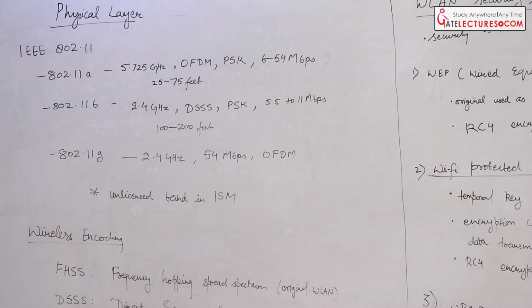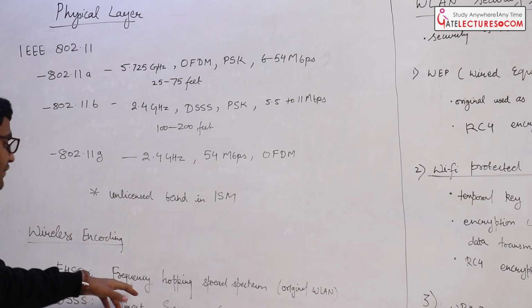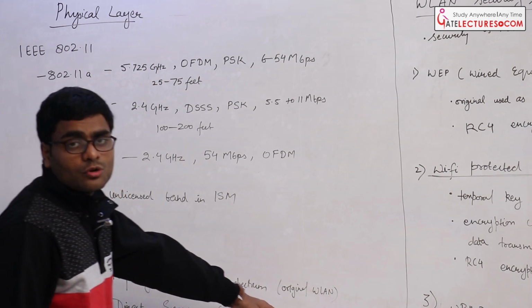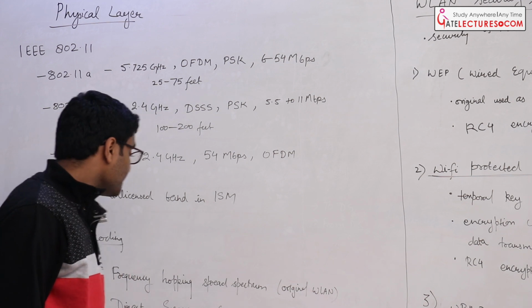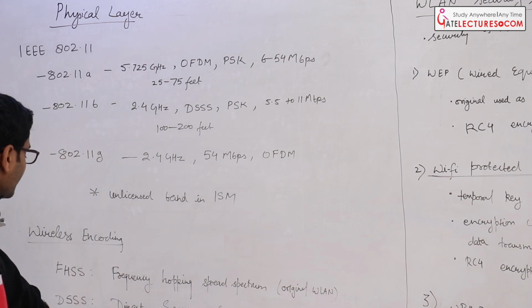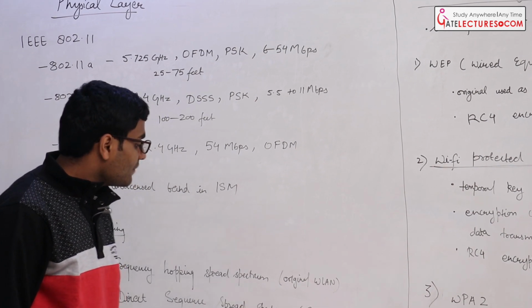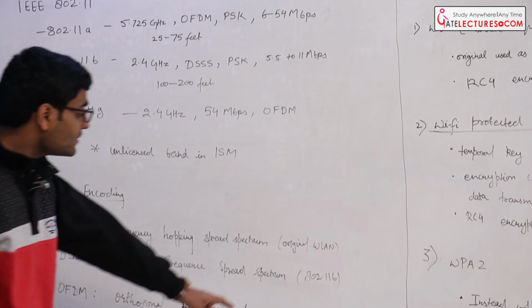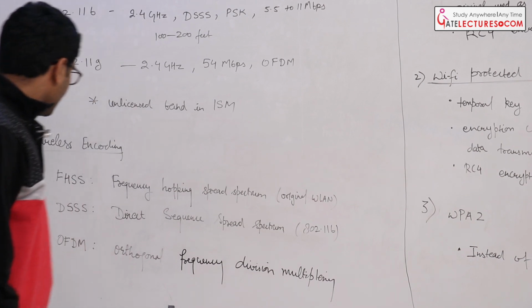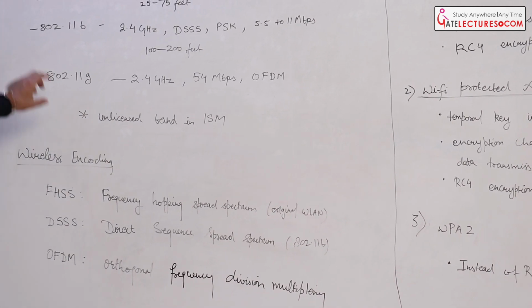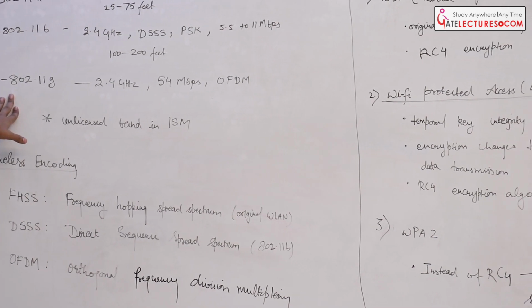In the physical layer, we use these encoding schemes: FHSS, frequency hopping spread spectrum, used in the original WLAN standard 802.11. We also have DSSS, direct sequence spread spectrum, used in 802.11b. And OFDM, orthogonal frequency division multiplexing, used in 802.11g.